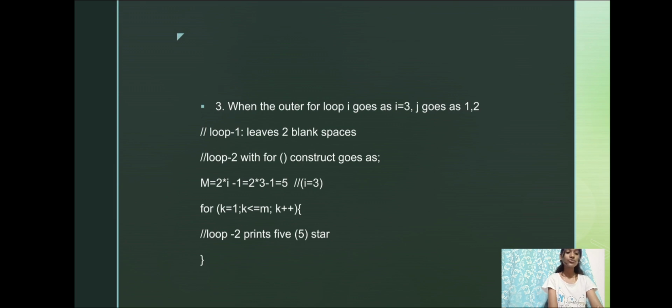Loop 2 goes as m equals 2 into i minus 1, that is 2 into 3 minus 1. 2 threes are 6, minus 1, that will be 5, where i equals 3. For k equals 1, k is less than or equal to m, then k plus plus. So in loop 2 it will print 5 stars.